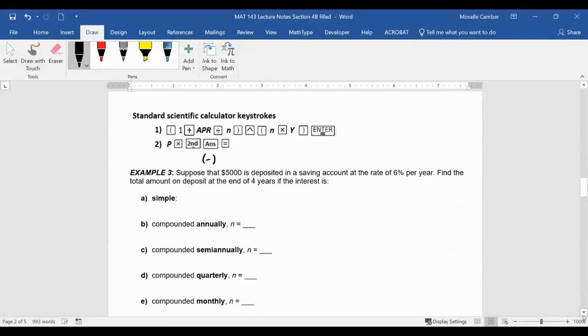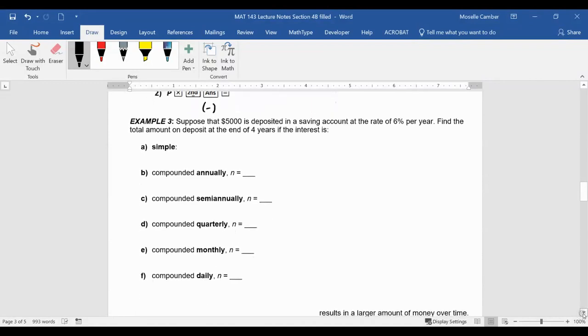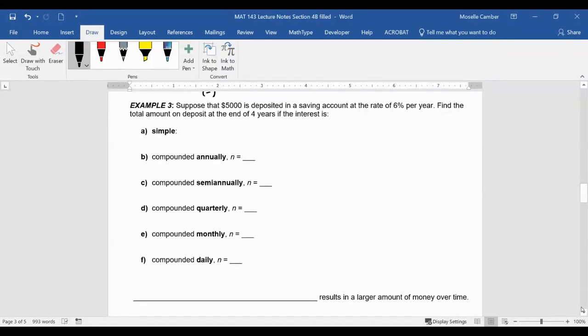Okay, so another example. Suppose that 5,000 is deposited in a savings account at the rate of 6% per year. Find the total amount on deposit at the end of 4 years if the interest is the following. So we're going to compare these different values of N. If it's simple, that's just your linear.